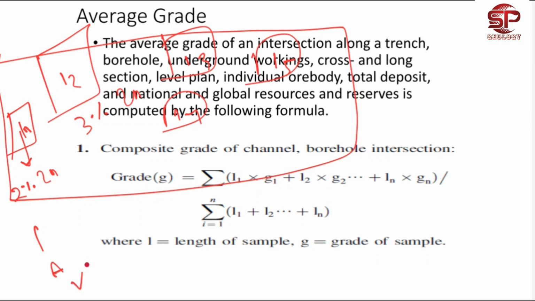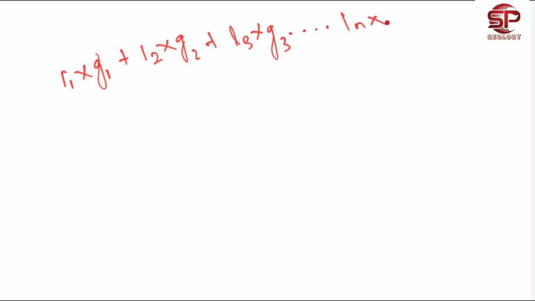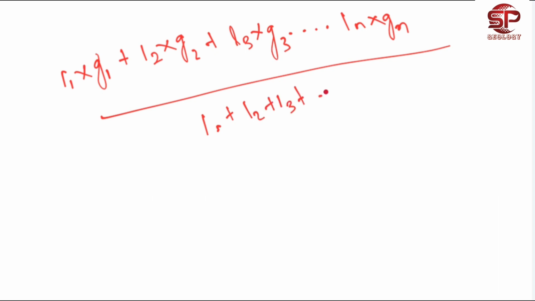You have to multiply L1 with its grade plus L2 with its grade plus L3 with its grade, and so on, Ln into its grade Gn, divided by L1 plus L2 plus L3 plus Ln. This is the simple formula for average grade.